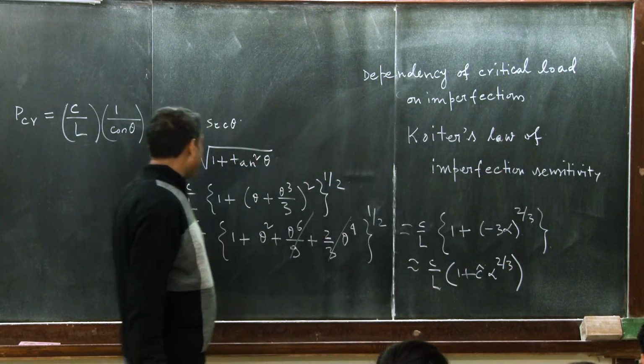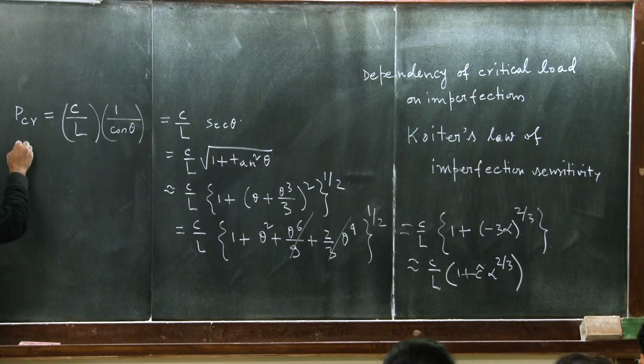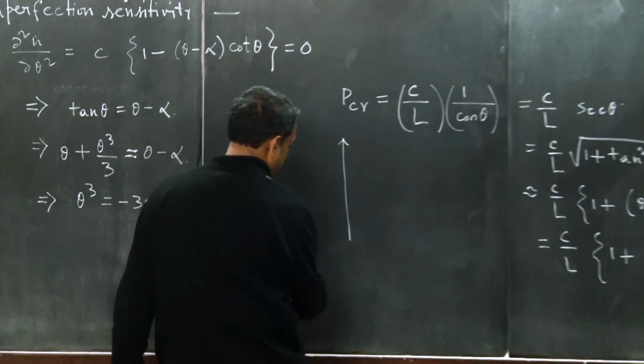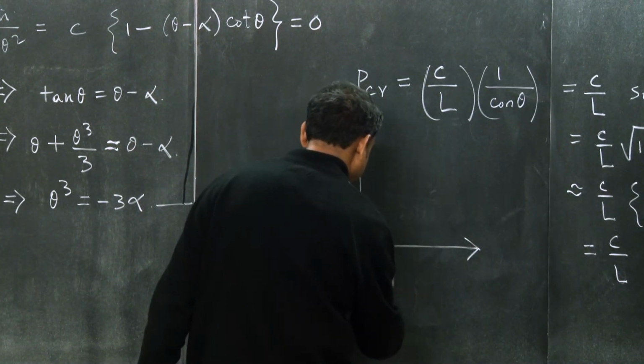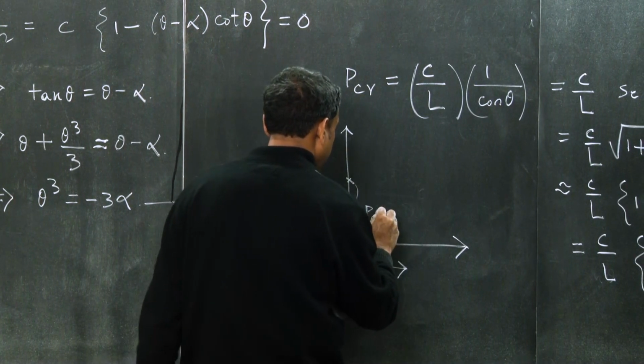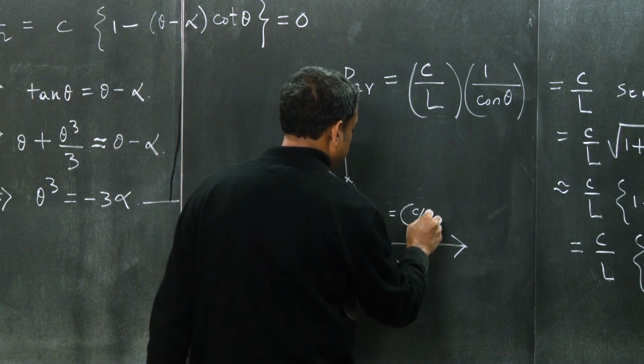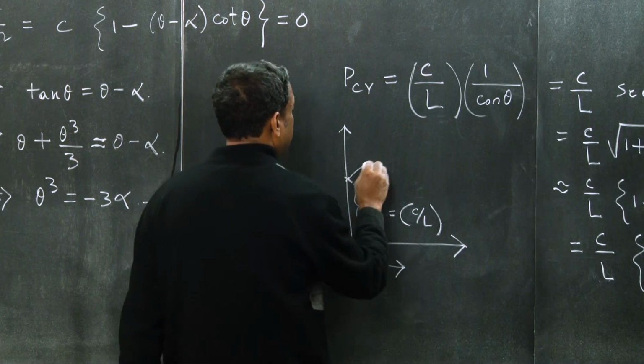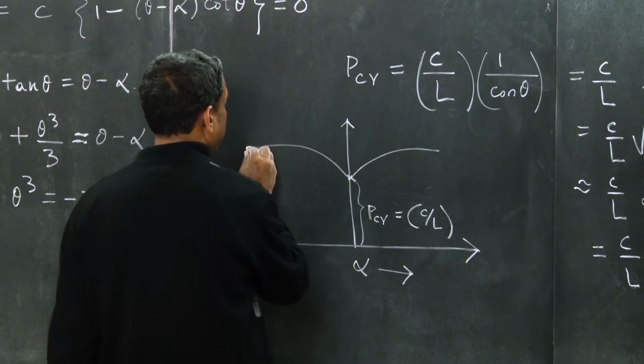So now I will draw the imperfection sensitivity diagram. Here I am going to write alpha as the imperfection. P critical was C by L, but then it is going to increase.